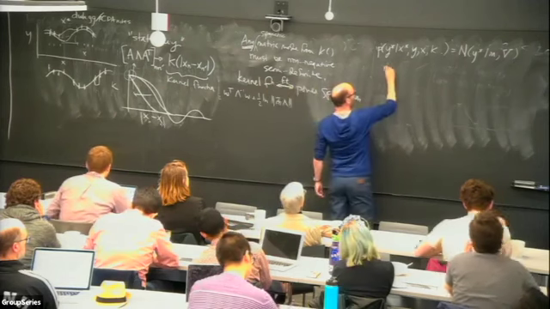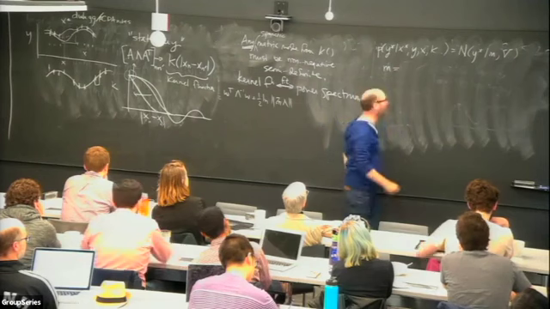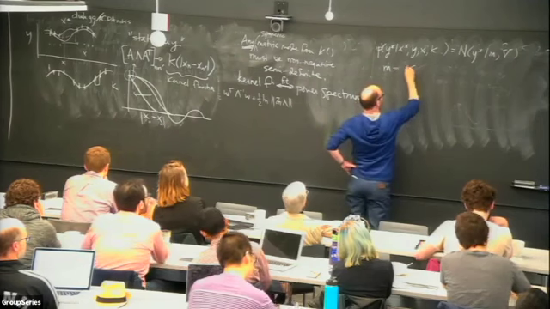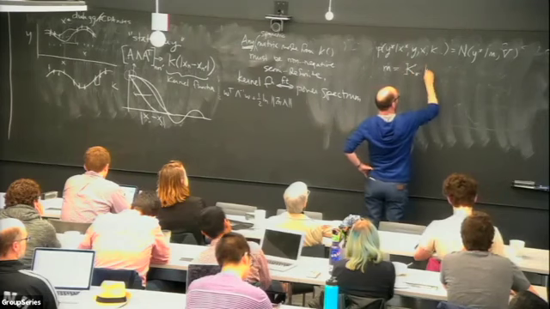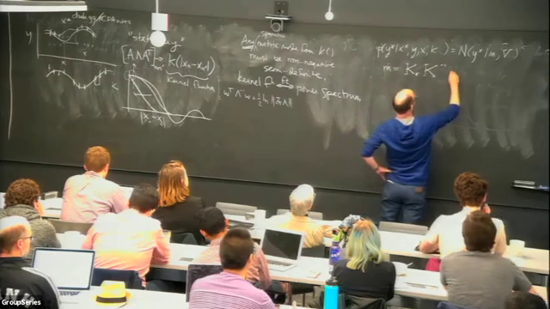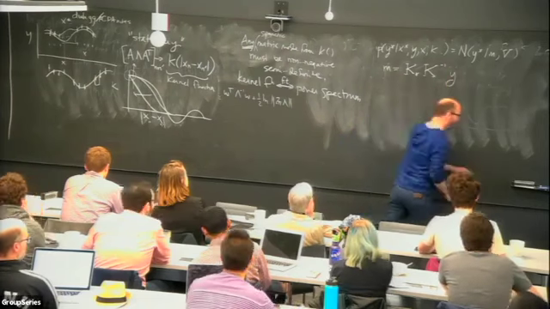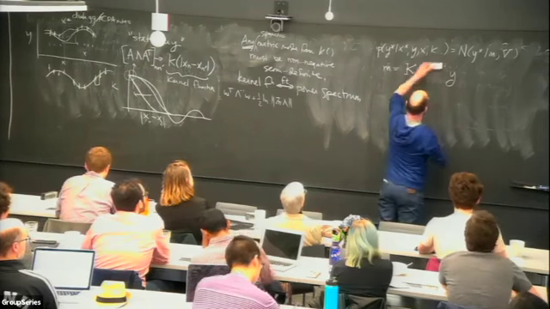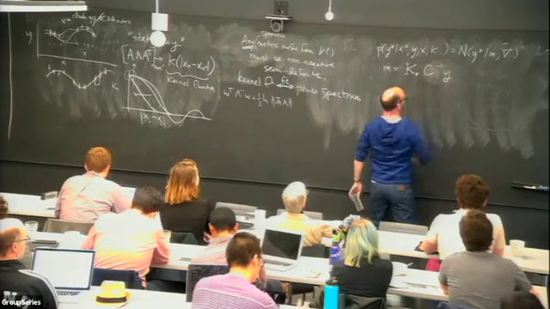The mean, it's so incredibly surprising, is something which I'm going to call capital K star, times K inverse times y. Actually, that is not quite right. Times C inverse times y.